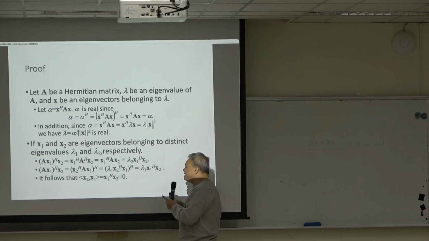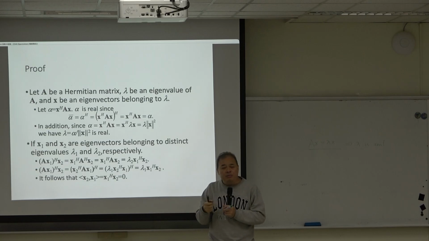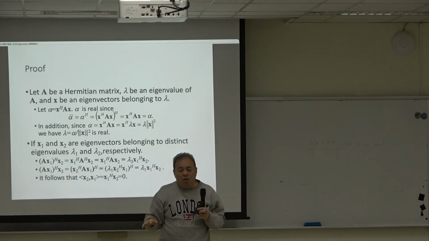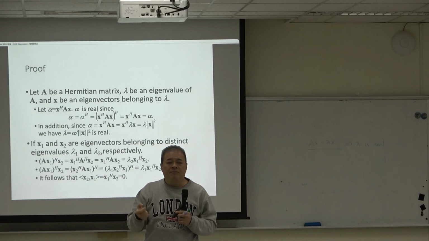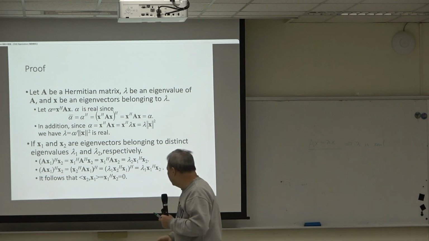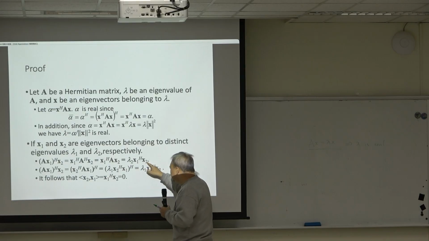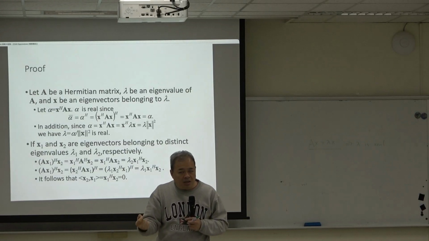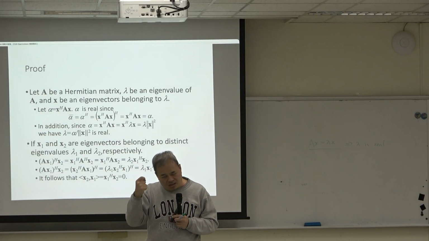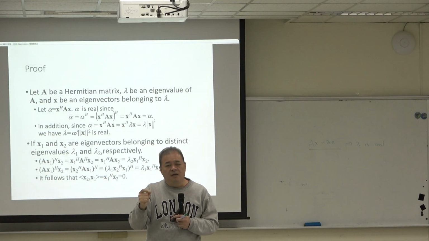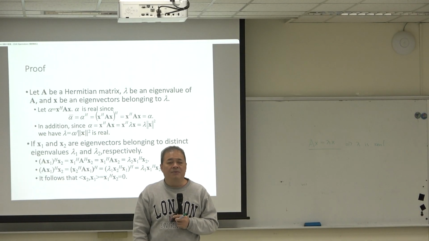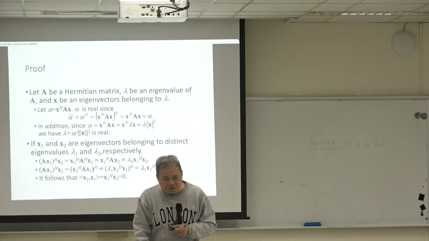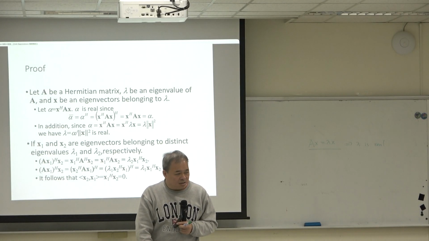The different parts are lambda 2 and lambda 1, and remember these are different. So the only possible explanation is that x1^H x2 is 0, which means x1 and x2, these two eigenvectors from different eigenvalues, are orthogonal.